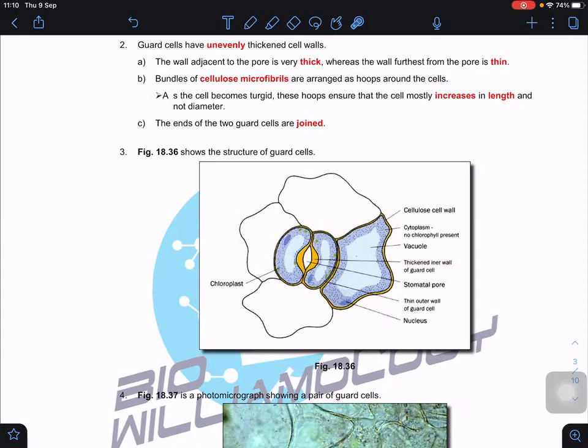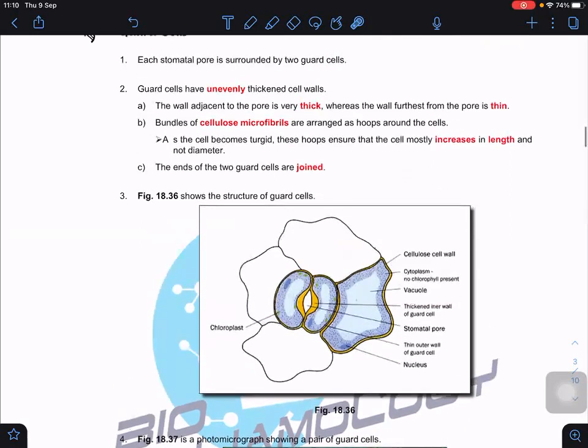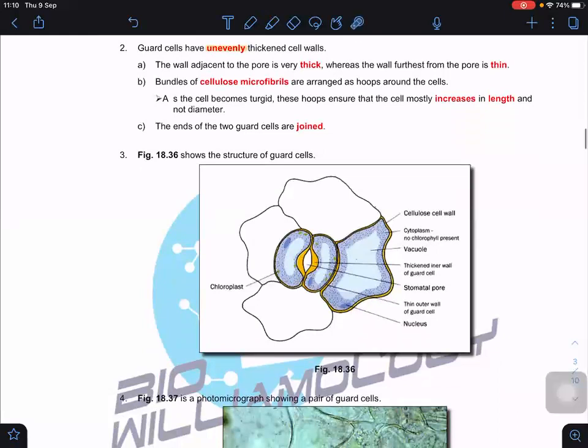Thinner at the wall away from the pore, thicker at the wall that forms the pore. So highlight: guard cells have uneven thickness in terms of the cell wall. The wall adjacent to the pore is very thick, whereas the wall further from the pore is thin.